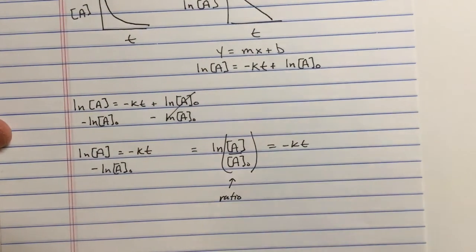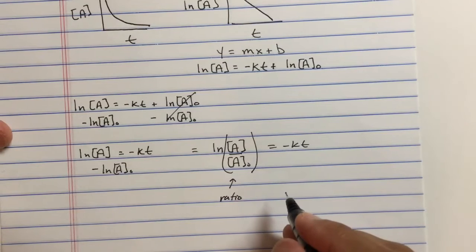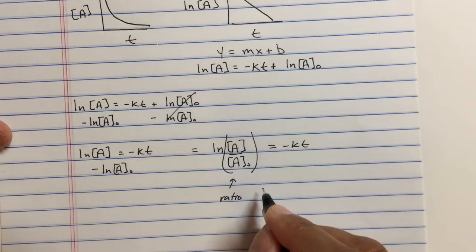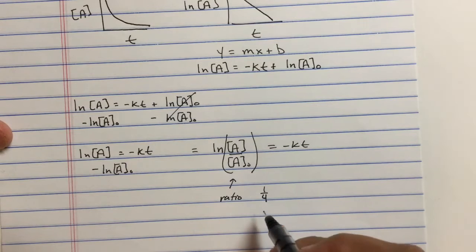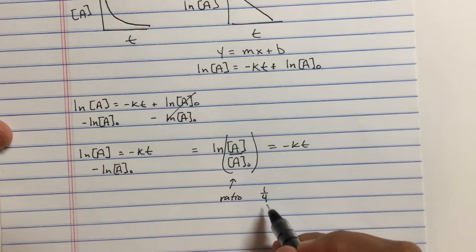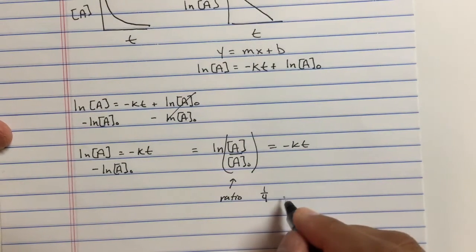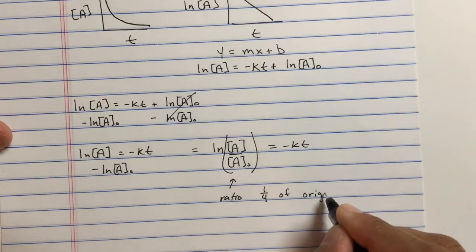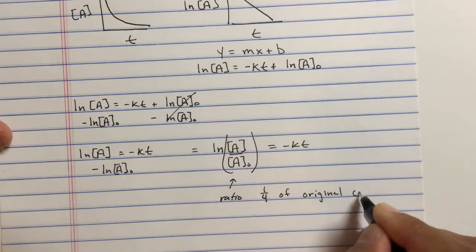And so I like writing it this way because, let's say, for example, the question is asking you, the reaction happens and the reaction goes until the concentration is 1/4 of the original concentration.